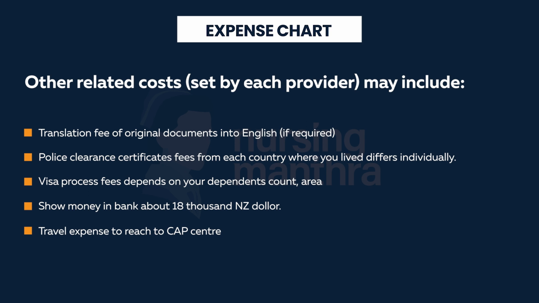You have to show around 18,000 New Zealand dollars in the bank. Keep travel expenses to reach the CAP centers in hand. Then daily living expenses once you reach New Zealand, about 15,000 AED you can keep in hand, which can be used until you get a job. Then air tickets for you and your family, based on the fare, will also change. I hope I covered almost all parts.